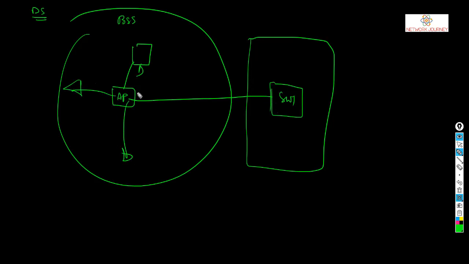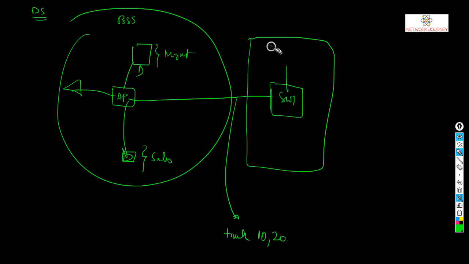Now let's say this particular AP is to be on trunk, maybe because one host is from the management team and another host is from the sales team, so they have two different networks. I say I want VLANs 10 and 20. So this switch will be connected to a gateway where I have VLAN 10 configured, and another gateway where I have VLAN 20 configured. And this switch acts as the DHCP.